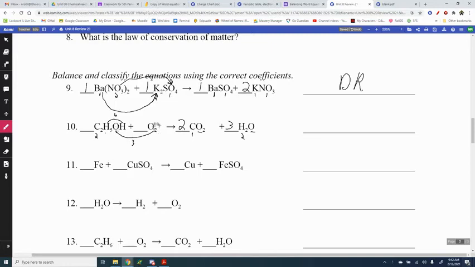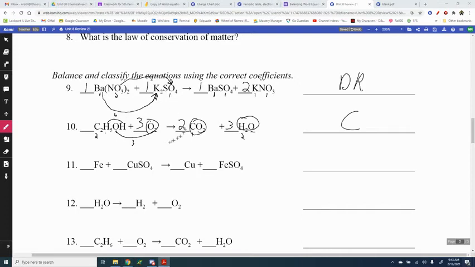So we only need 6 oxygens from this one right here. So we can just put a 3. And now we have 7 total oxygens on the left side, 7 on the right side. Okay, all right, so it's all balanced. Now we have to identify. This has oxygen, carbon dioxide, and water. That makes it a combustion reaction.